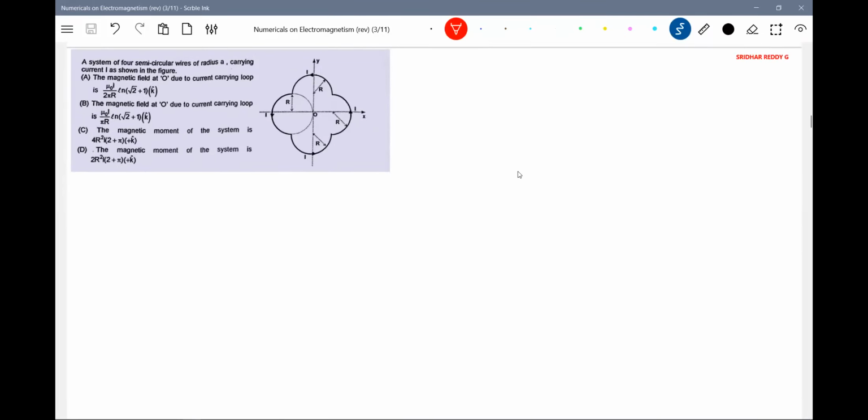The Biot-Savart law, again, is very, very important. If you check the advanced paper, he preferred to ask these things also. He has shown interest in these things also. A student must know how to apply the Biot-Savart law.